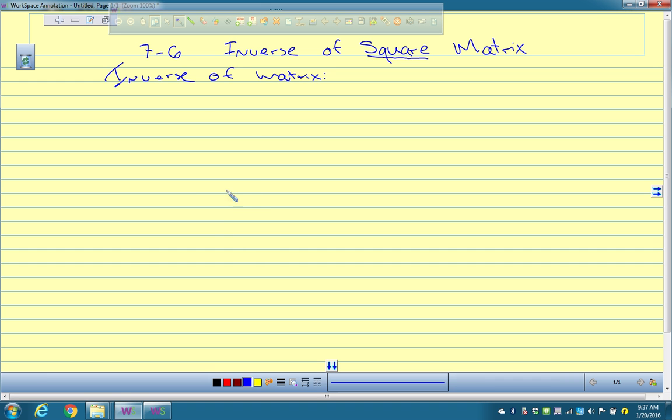You don't have an inverse unless it's a square matrix, meaning it has the same number of rows as columns. So let A be an n by n matrix, meaning n rows and n columns.